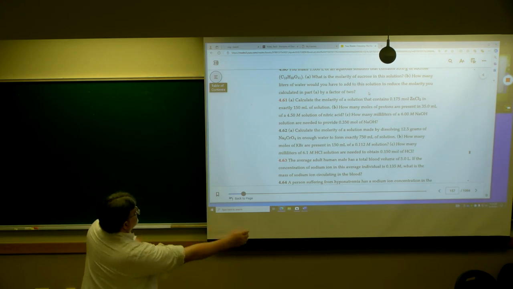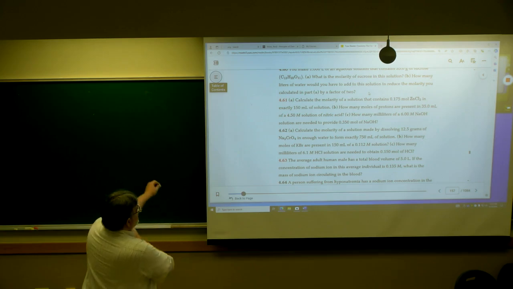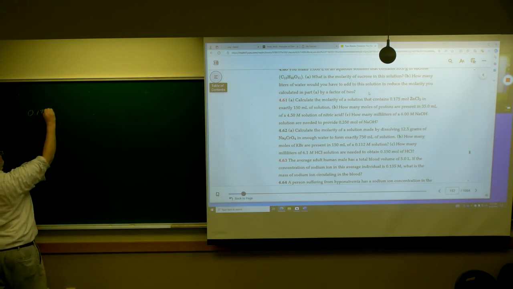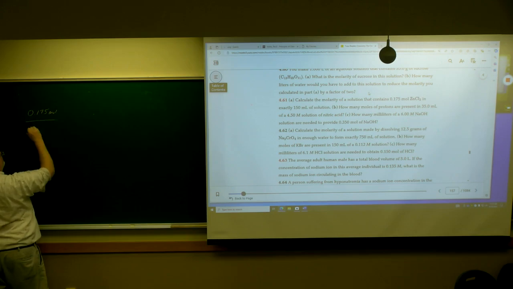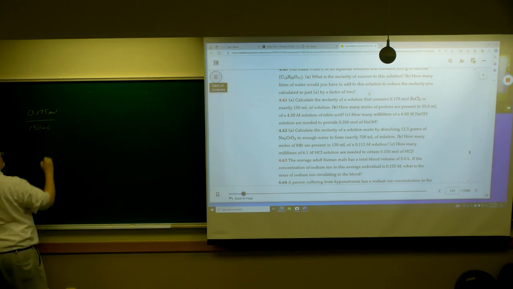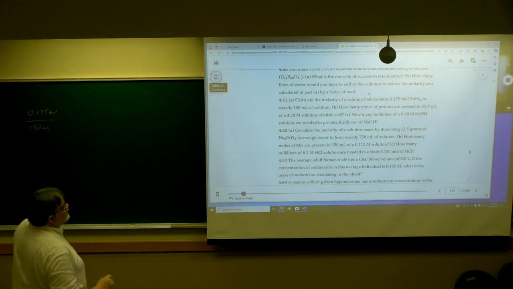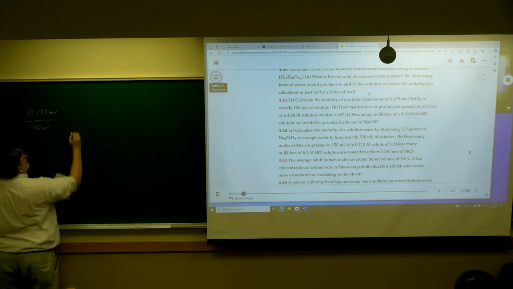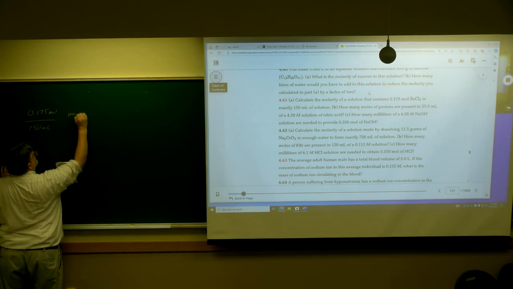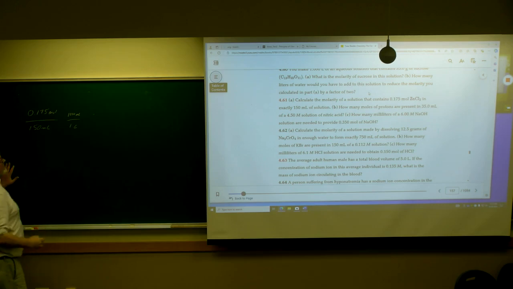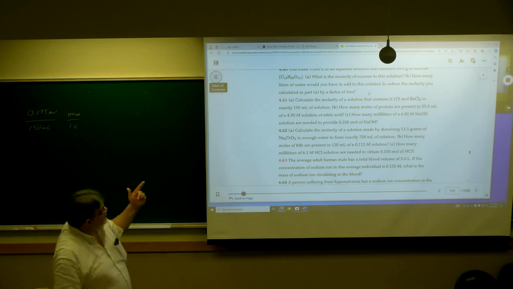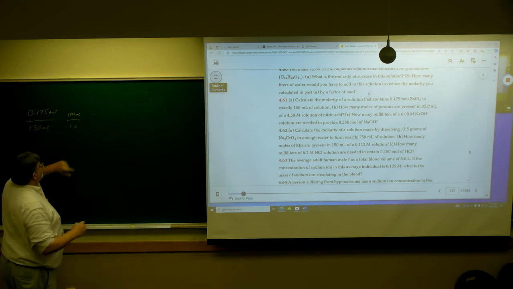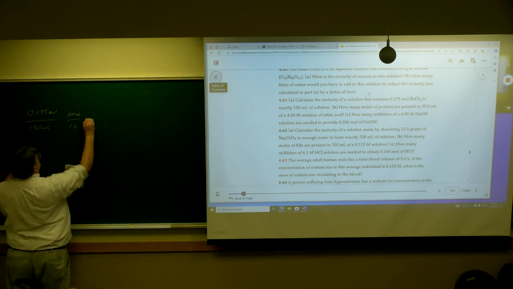If you have 0.175 moles of zinc chloride and 150 milliliters of solution, it needs to be in moles per liter, so you're going to have to convert. Since this only involves zinc chloride, I'm not putting the label on here, but all of these could have zinc chloride in the parentheses.